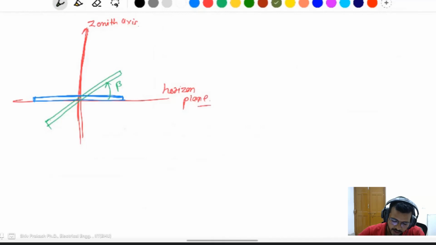Then the normal axis of the tilted panel is like this one. Then find the energy by the normal axis to the tilted plane.